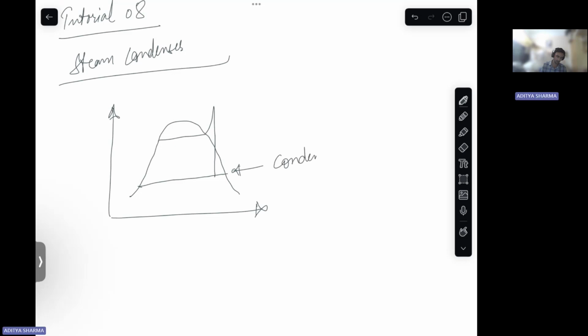I hope you all remember, and this is for your boiler. Here you have your condenser activity going on, and in this direction is the expansion of steam from your turbine.